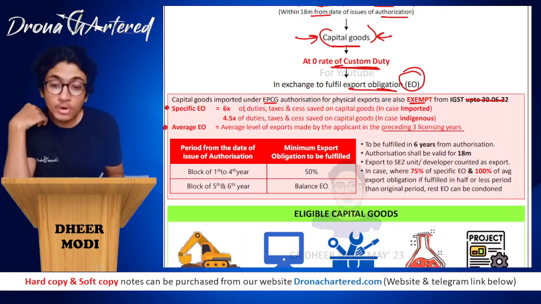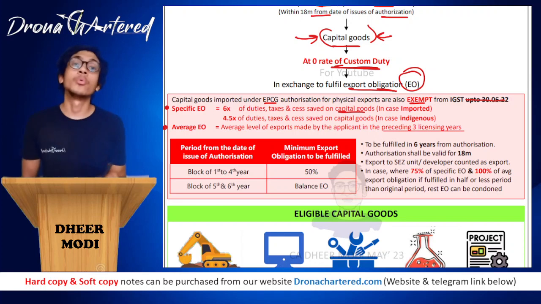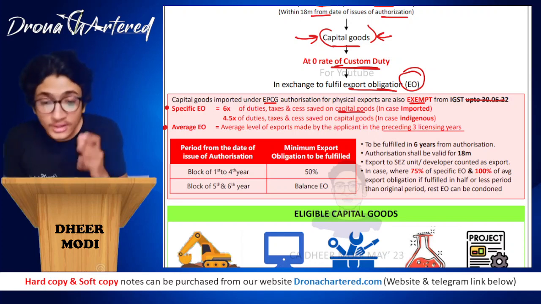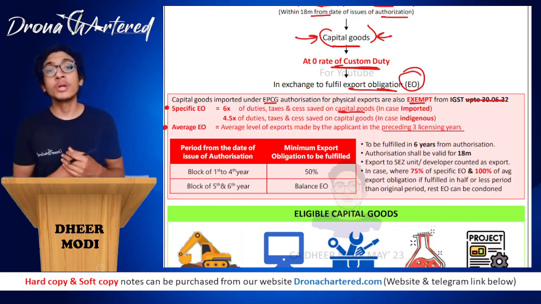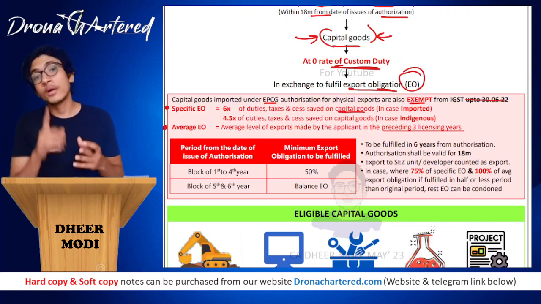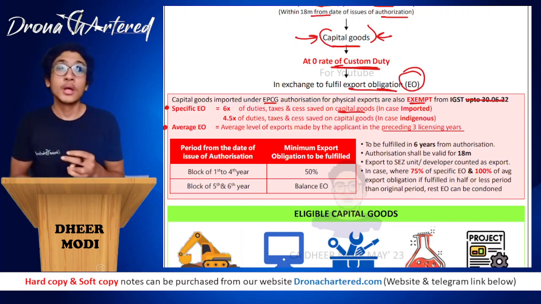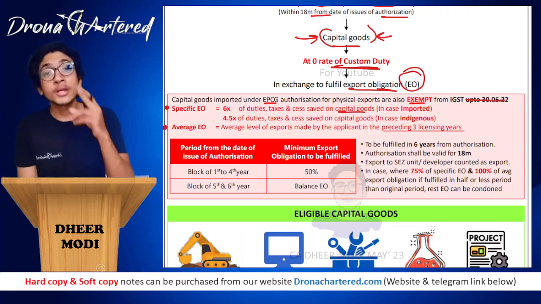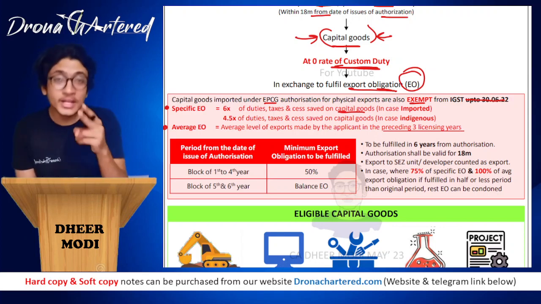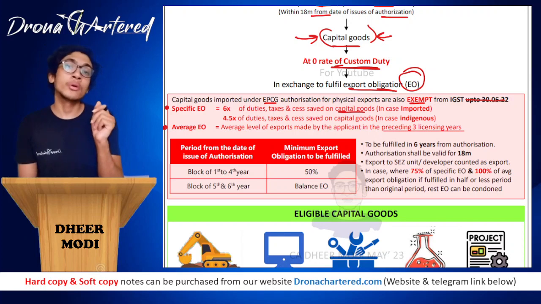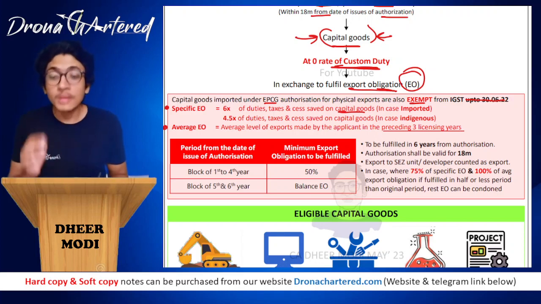Specific obligation is 6 times the duties, taxes and cess saved on the capital goods in case they are imported. So if these capital goods have been imported, for example you had to pay 1 lakh as duties, taxes, etc., what we want is that you get 6 times the amount of duty that you have saved in exports.